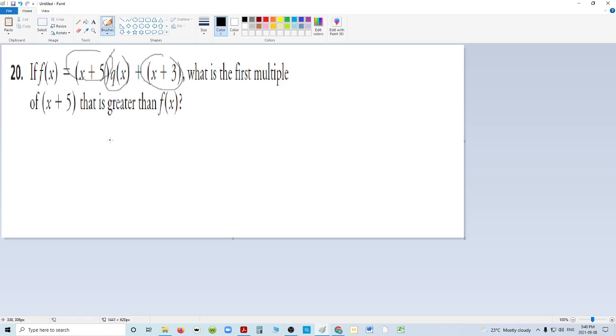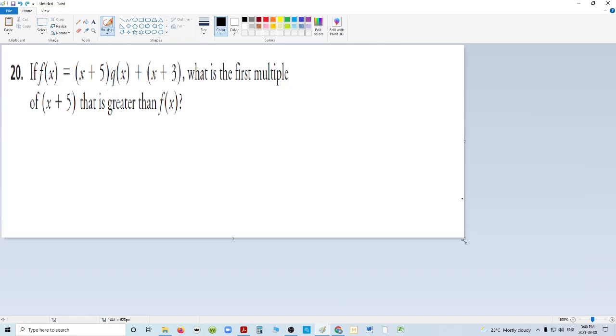First multiple of x that is greater than that? Then the whole thing? I guess wouldn't it be x plus 4? And then they just want you to expand it? Maybe? I'm not quite sure what they're asking there.